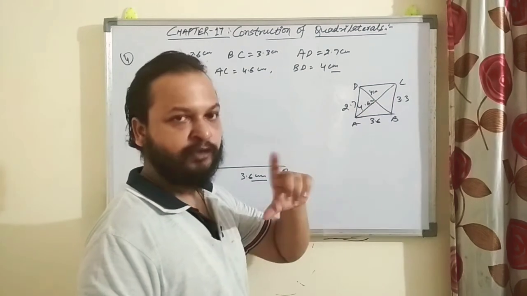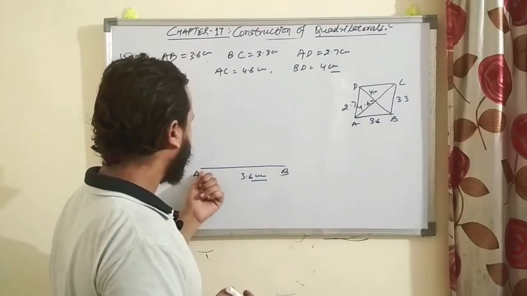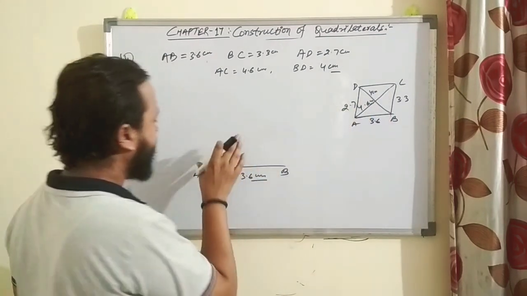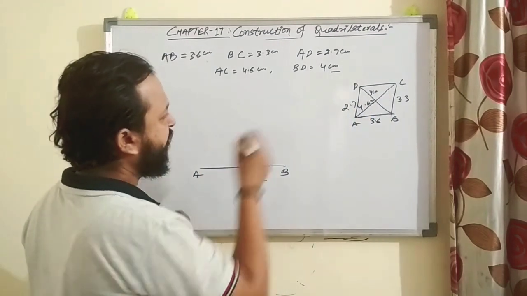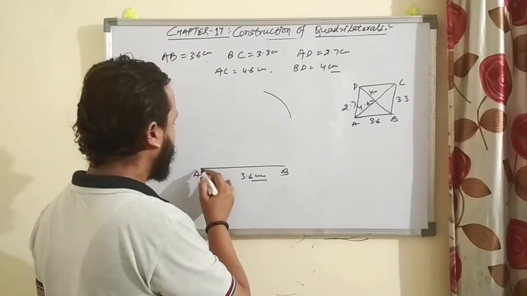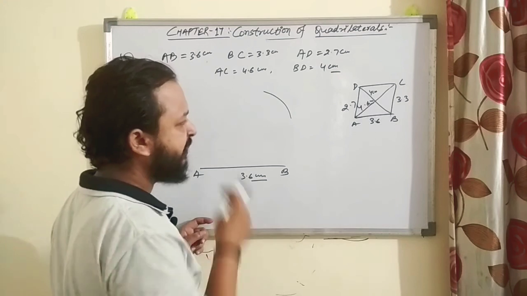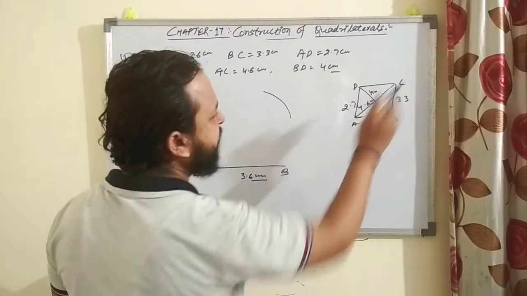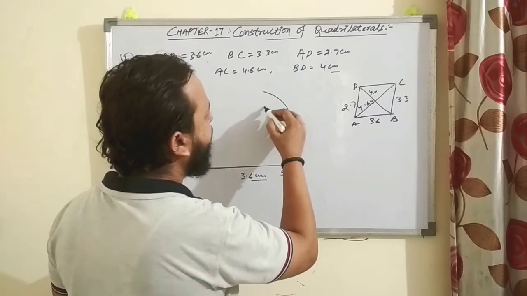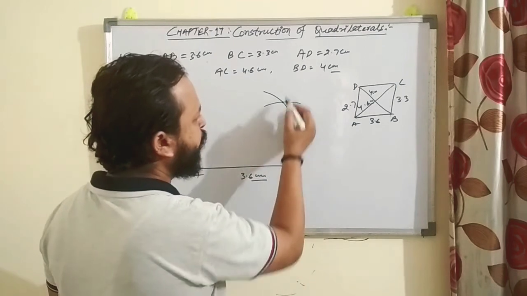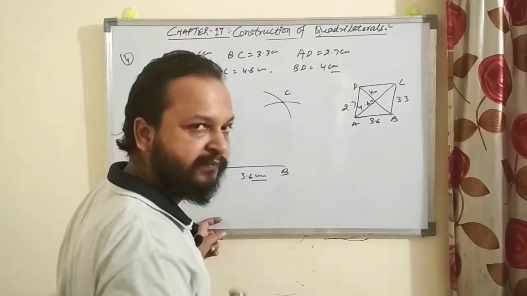Use the compass, take A as a center, and draw an arc. Now take B as a center and take the distance 3.3 centimeter and draw an arc, right? So this point of intersection of two arcs gives the point C.